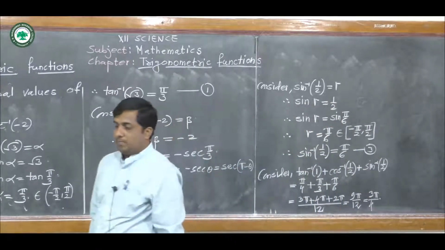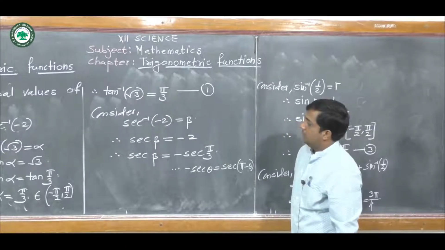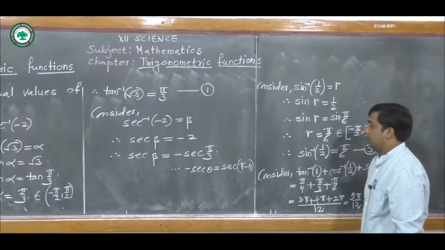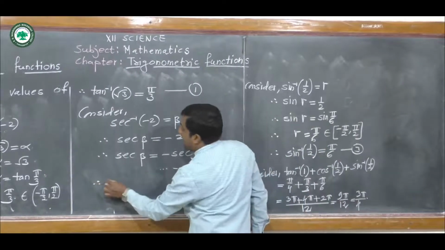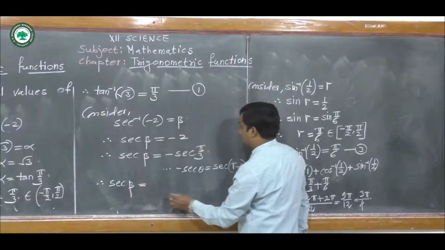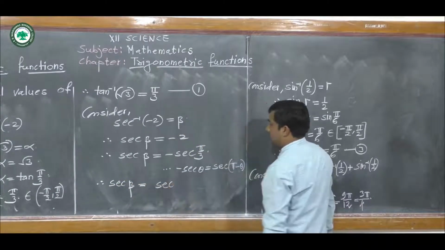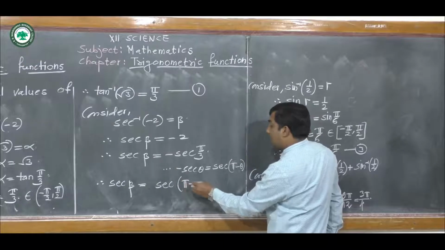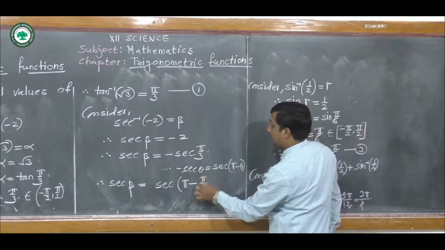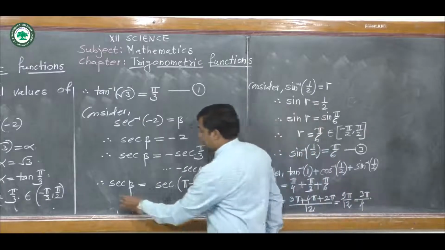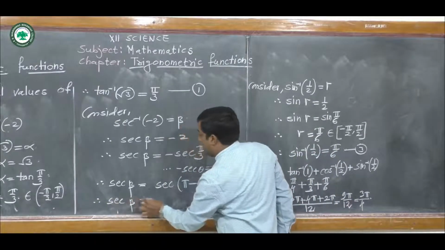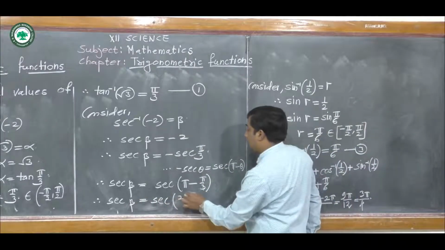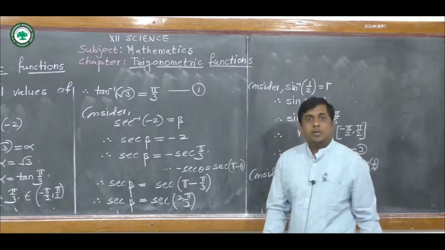So we get sec beta is equal to sec of pi minus theta, where theta is pi by 3. We know pi minus pi by 3 is 2 pi by 3, so we get sec beta is equal to sec of 2 pi by 3.